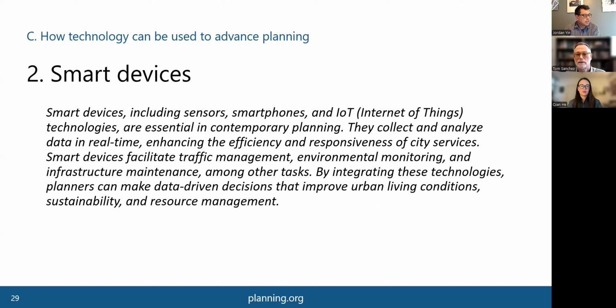And smart devices, another kind of increasing trend that we're seeing talked about and experimented with in lots of different cities.